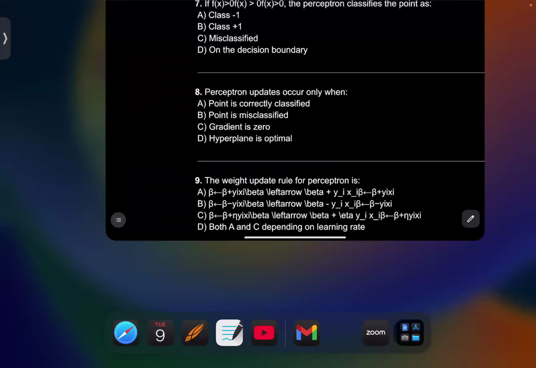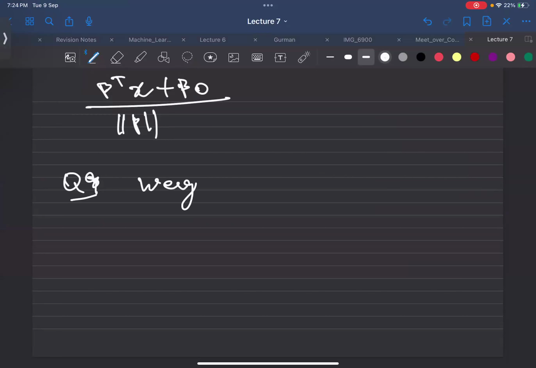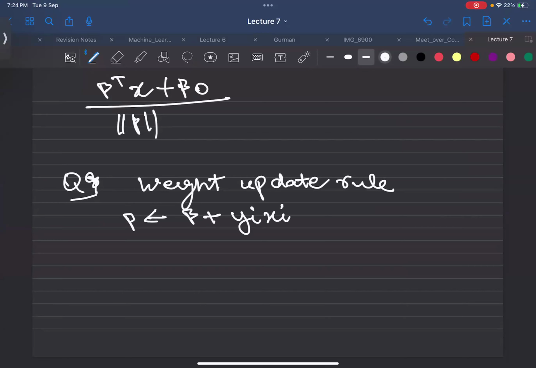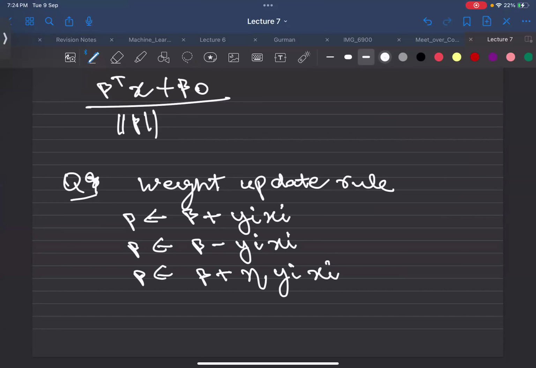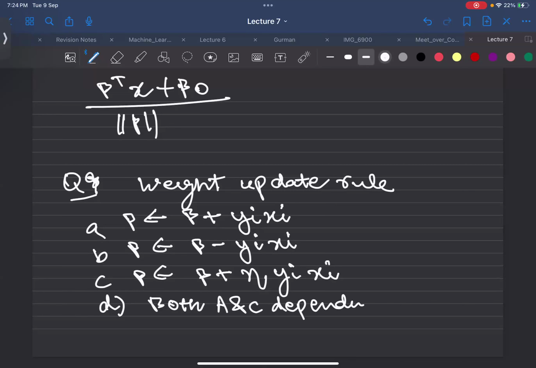Ninth, I'll write. The weight update rule for perceptron is... Can you tell me the answer now?